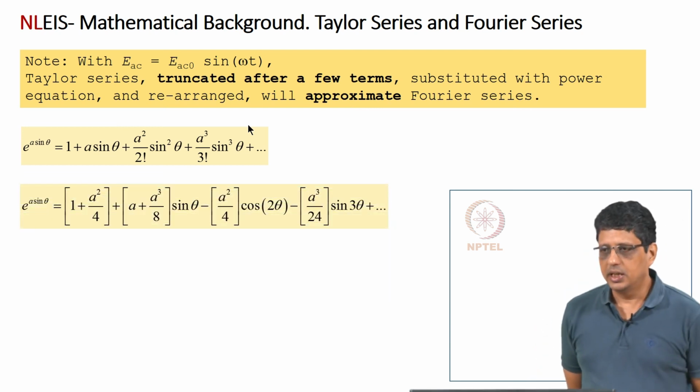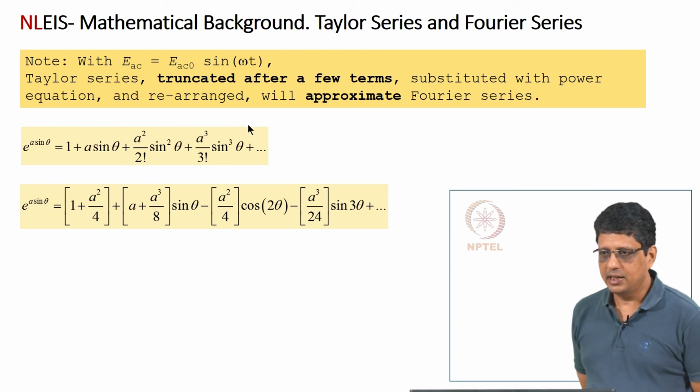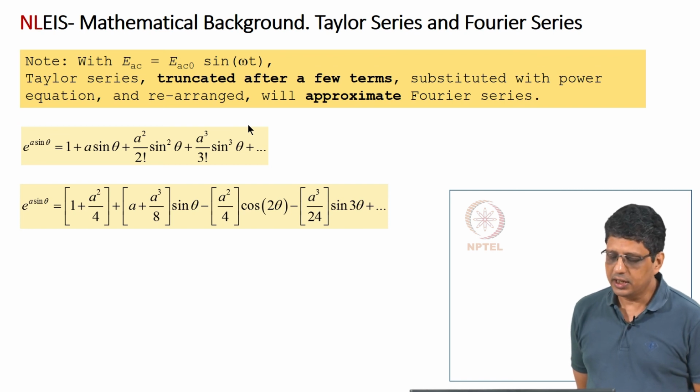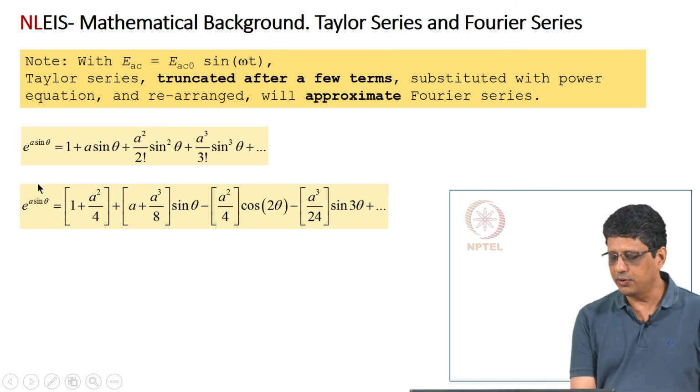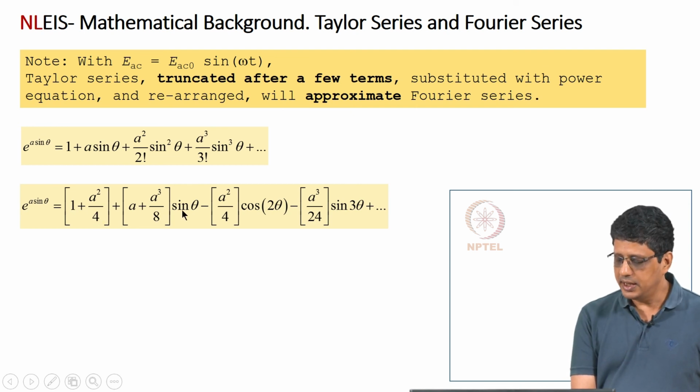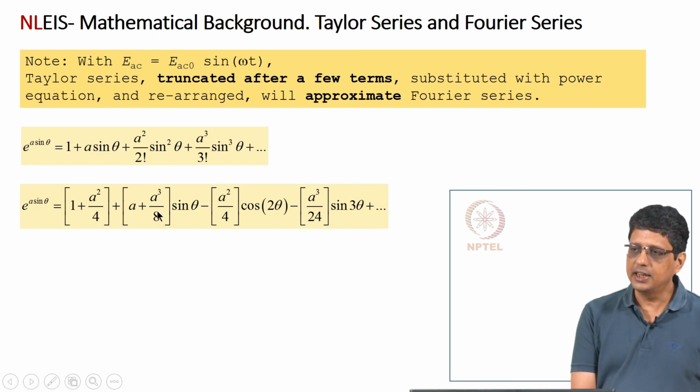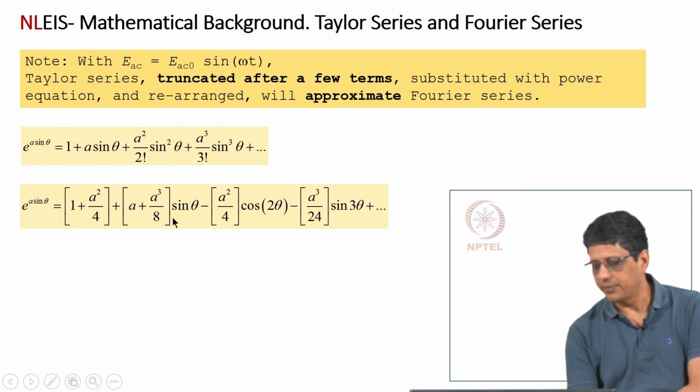And we have seen that this can be written in terms of cosine and sine with sin 2 omega t or cosine 2 omega t. If I rearrange it, I get the constant, the first term in the Fourier series, as 1 plus a squared by 4. The next term is sin theta, and the coefficient is going to be a plus a cubed by 8, because sin theta raised to the power 3 will come as sin 3 theta and sin theta with the corresponding coefficient.